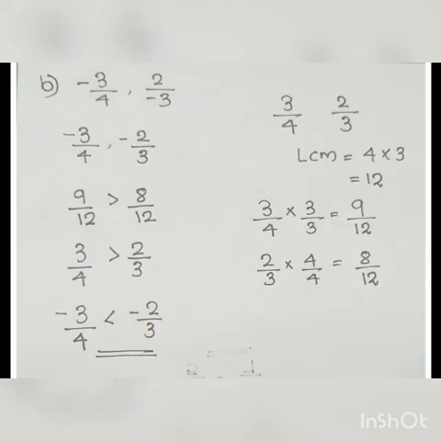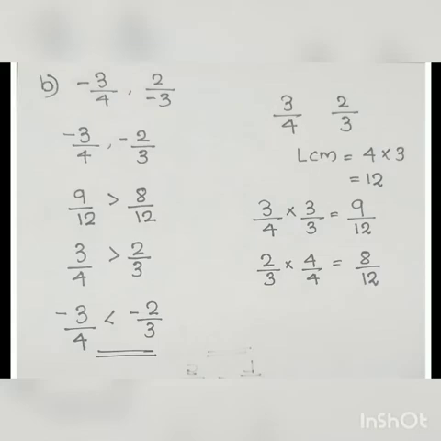So what we are doing when we get both negative signs, we are comparing without the negative sign and then we are reversing the order. That means without the negative sign, if you are getting greater than, then by putting the negative sign it will be less than. Keep in mind, without the negative sign, if you are getting greater than, then with the negative sign, it will be less than.